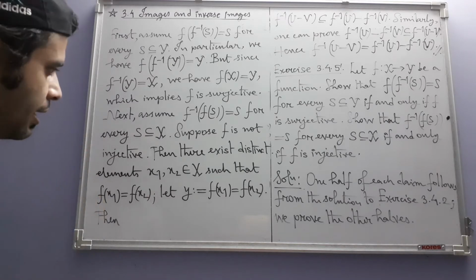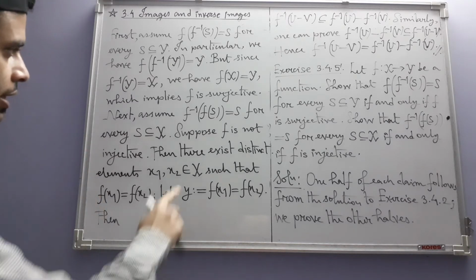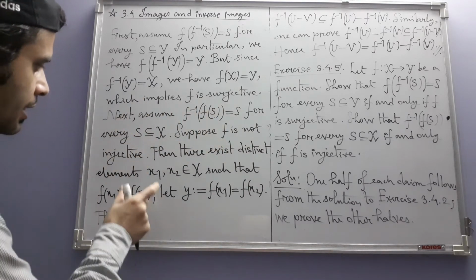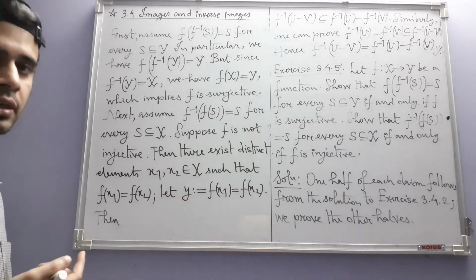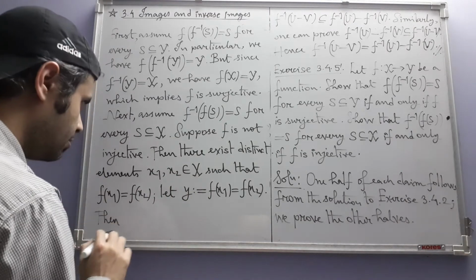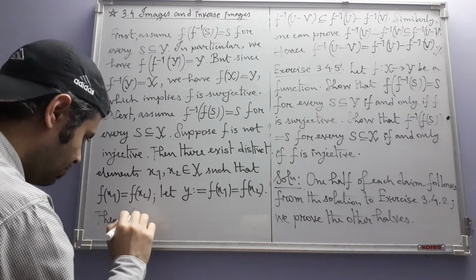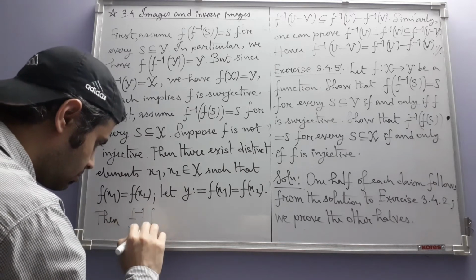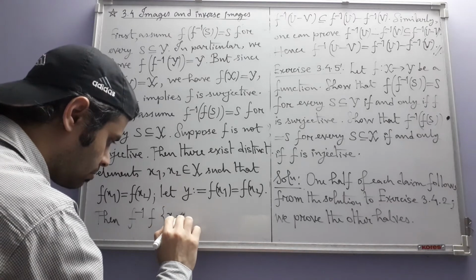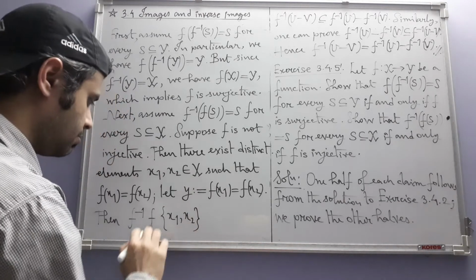Now what happens if we take in place of S the set consisting of x1 and x2? If we take that, what do we get? Then f inverse of f of {x1, x2}.